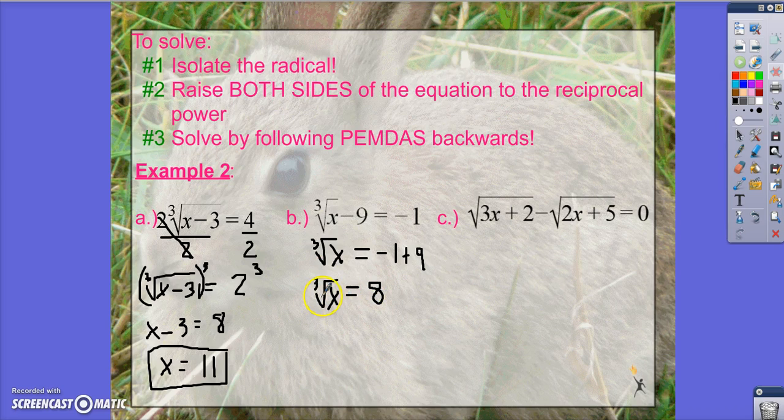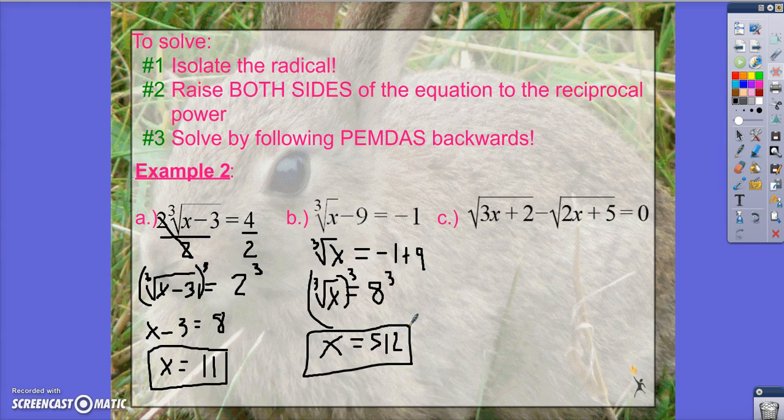Now my radical is isolated to the left-hand side. Step 2, raise both sides of the equation to the reciprocal power. Cube root means I raise it to the third power. And I'm going to get x equals 512. And that's my answer.